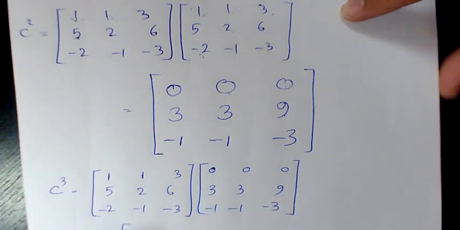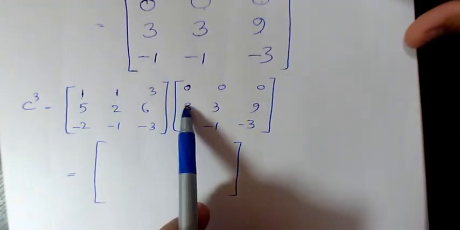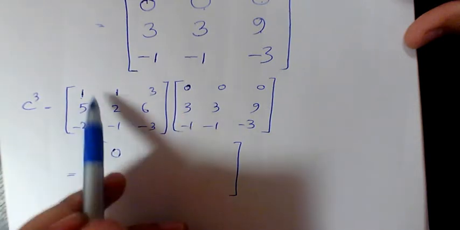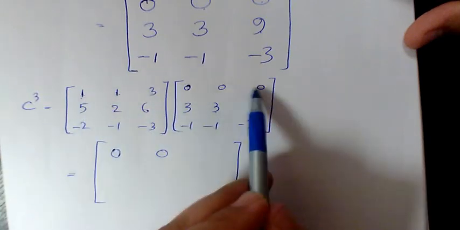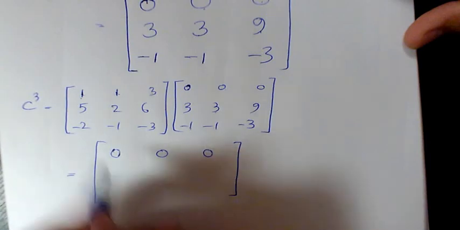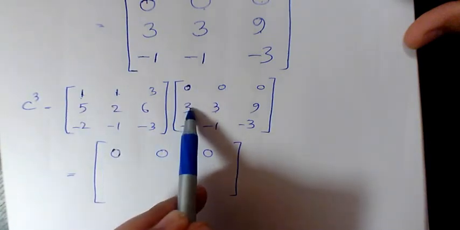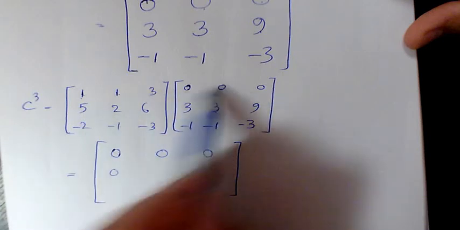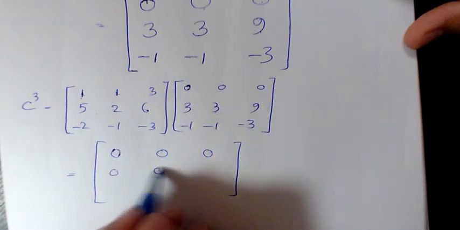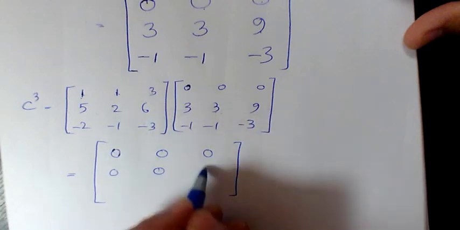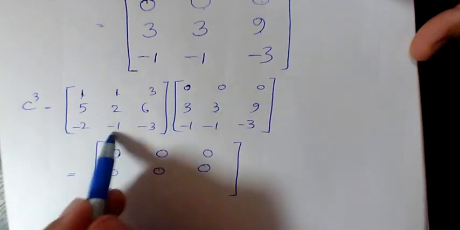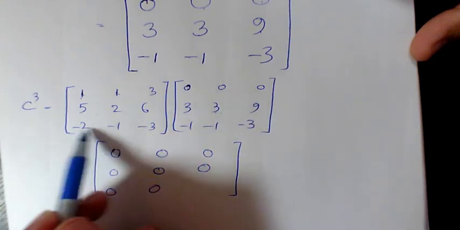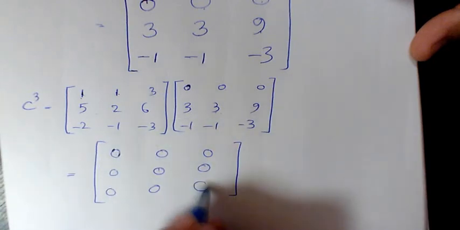That's going to give us 1 times 0, 1 times 3, 3 times negative 1, that's 0. 1 times 0, 1 times 3, 3 times negative 1, 0. 1 times 0, 1 times 9, 3 times negative 3, 0. 5 times 0, 2 times 3, 6 times negative 1, 0. And then 0, 18, negative 18; 0, negative 3, positive 3; 0, negative 9, positive 9. That's going to be 0.